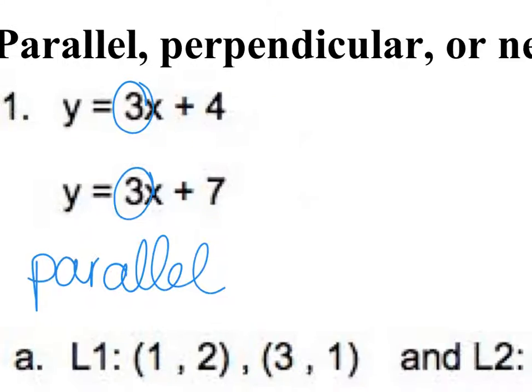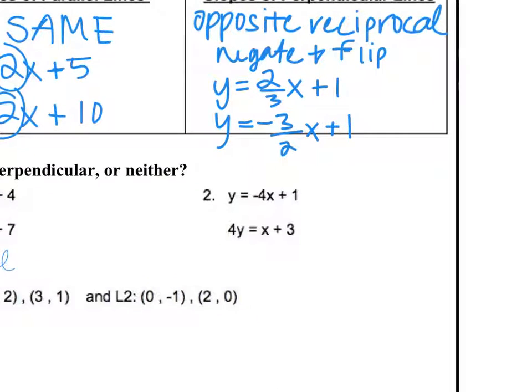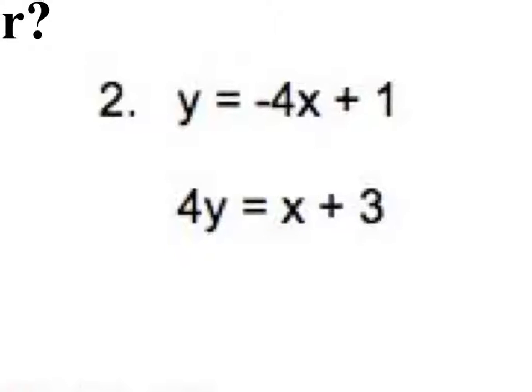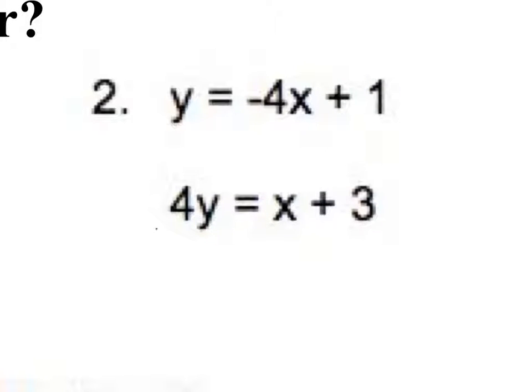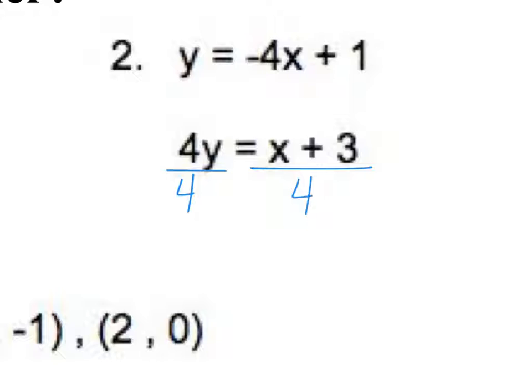The deal with number 2 is, before you actually decide if they're parallel, perpendicular, or neither, you've got to solve for y, so that y is by itself and it's in slope-intercept form. So we would divide by 4. We're doing x divided by 4 and 3 divided by 4.